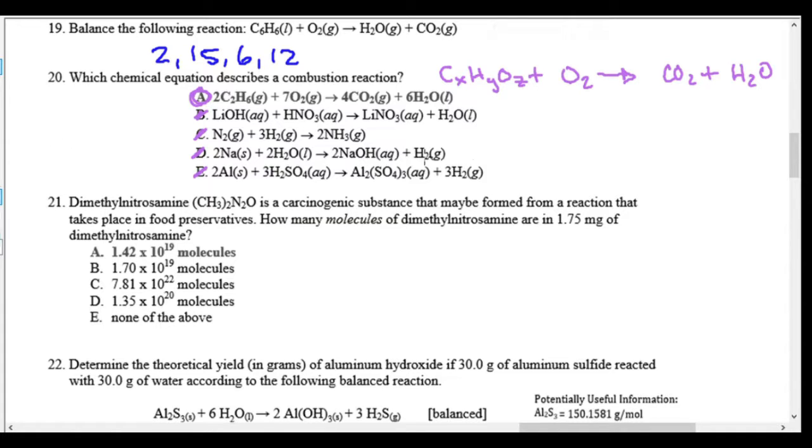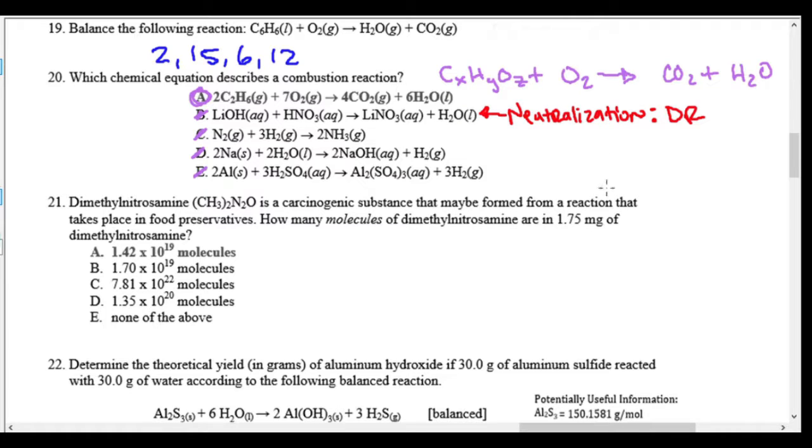Let's go through and classify the rest of these. This bad boy right here, what would you guys call that? It actually has 2 names. It can be a neutralization reaction. That's the more correct name for it, but the other name for that is also a double replacement reaction.